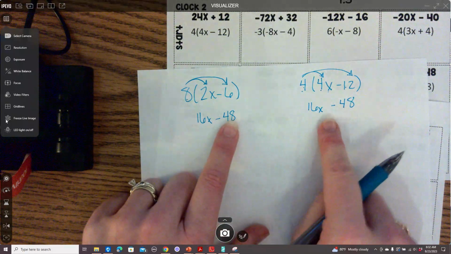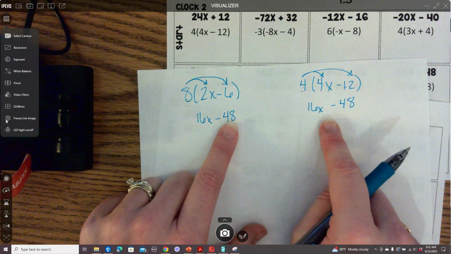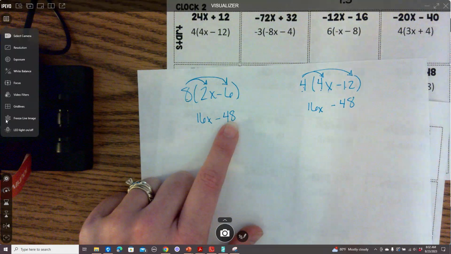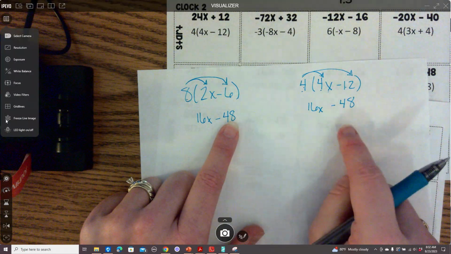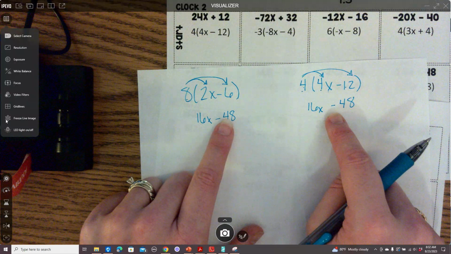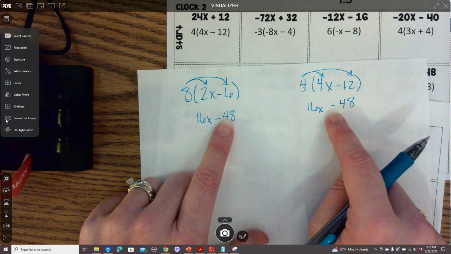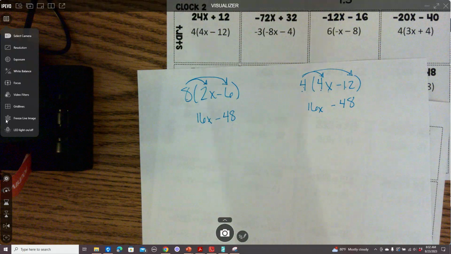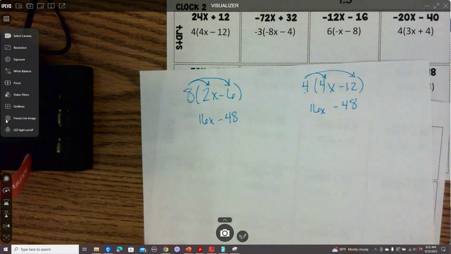Do you see what happened? It's the same answer. So you're working different problems than the people that are next to you, but you should get the same answer. So it's a way that you guys can kind of self-check. So if Cortland and Lila get different answers for that first box, they can go back and try to figure out, well, wait, which one of us messed up? And work together to kind of fix it.